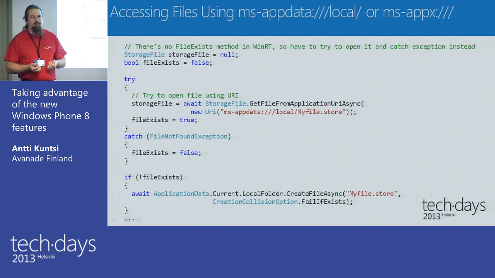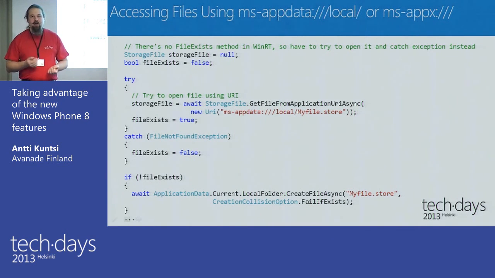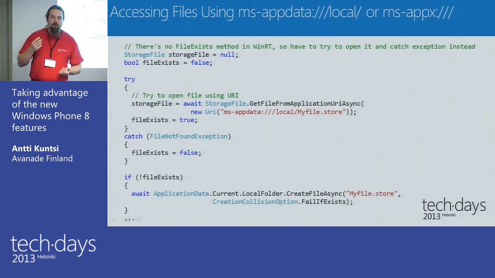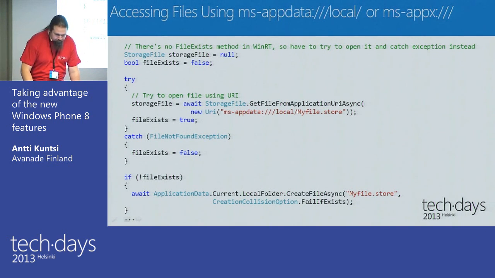These are quite compatible with Windows 8. There are some differences, like if you want to assign in code an image in your application into the view, then you have to use a different syntax as a URI as opposed to Windows 8. So you still have to use the Windows Phone 7 syntax and notation on how to access files and how to refer to files that are in your application.